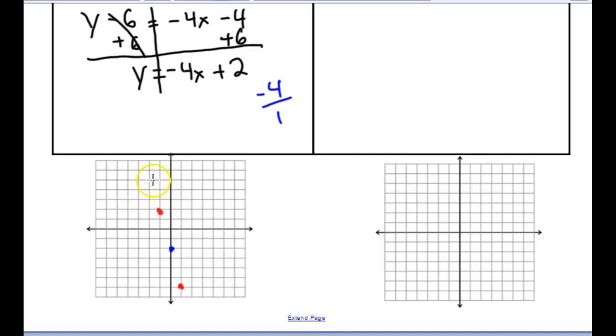So we'll have our first line right there. Our second line is going to begin at +2. It's going to have the same slope. We're going down 1, 2, 3, 4, and over 1. Or up 4, 1, 2, 3, 4, and to the left 1.